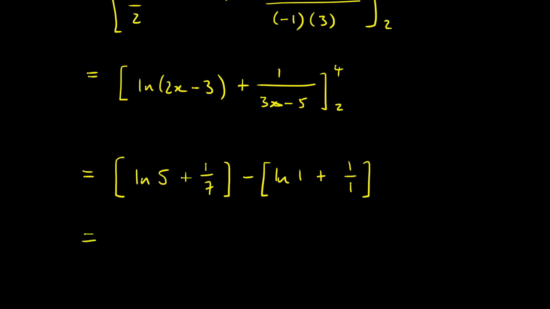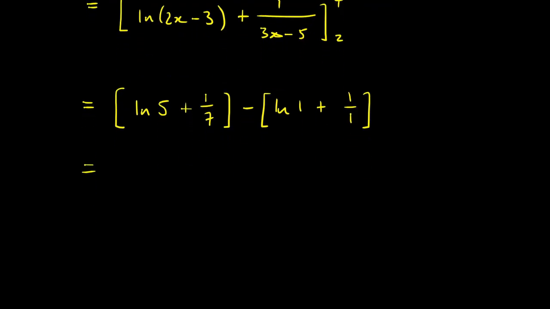All right, now this can simplify further. Why? Because ln 1 is 0, because the log of 1 to any base is equal to 0. The reason for that is a to the power of 0 is equal to 1, right? So if you were to convert that to log form, log base a of 1 must be equal to 0, okay? So that's the first thing.